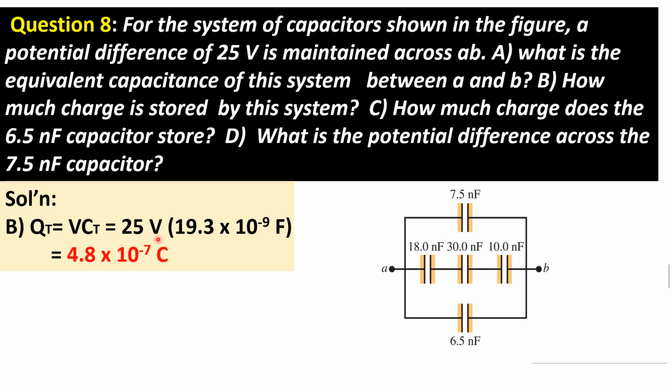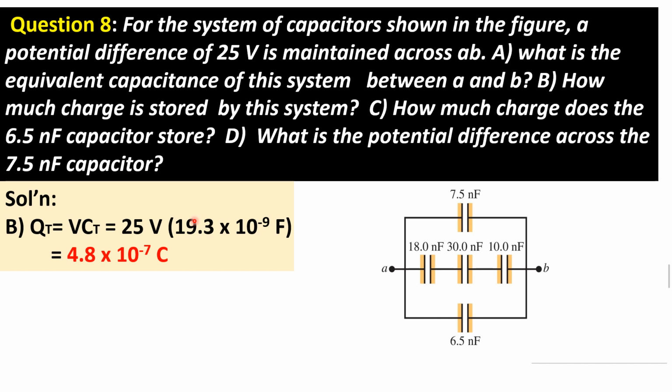Since the total voltage across A and B is given as 25 volts, multiply that by the equivalent capacitance we had earlier, which is 19.3 times 10 to the negative 9 farad.